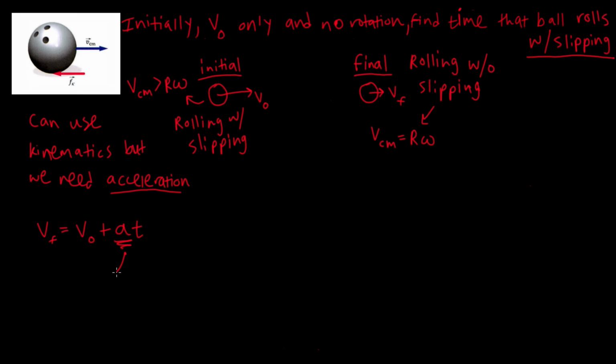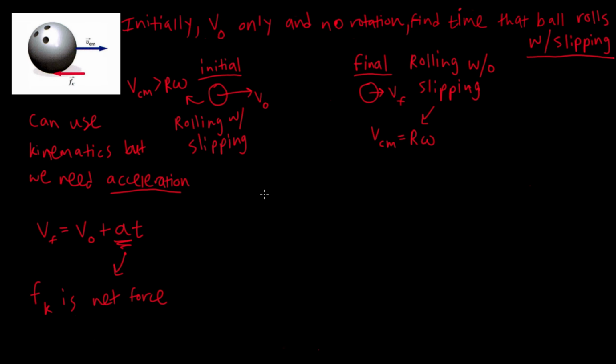And so I need to find this acceleration. This acceleration is due to the force of kinetic friction, which I circled on the diagram. The force of kinetic friction is the net force, and that's what's creating the acceleration.